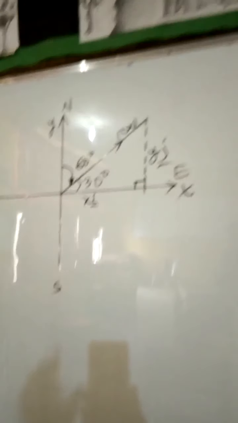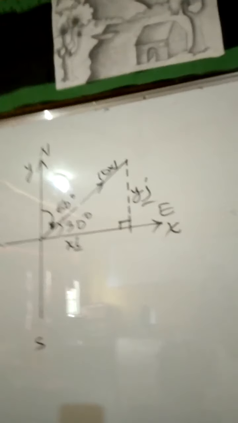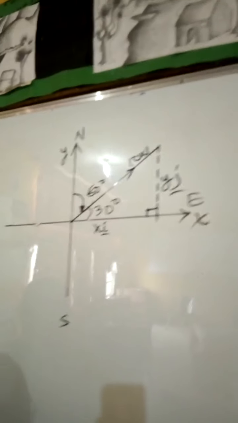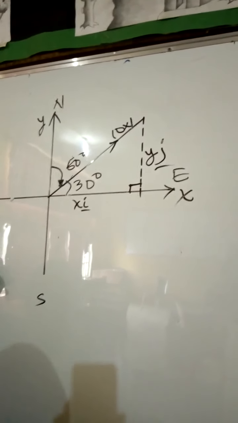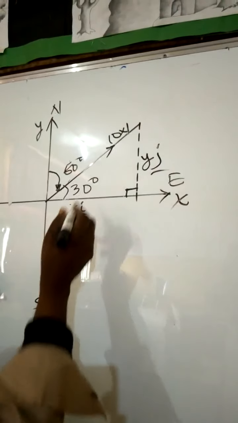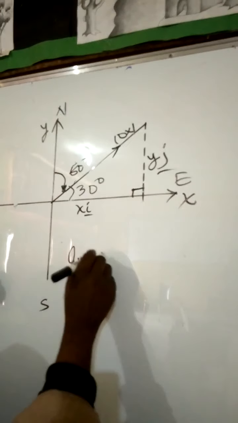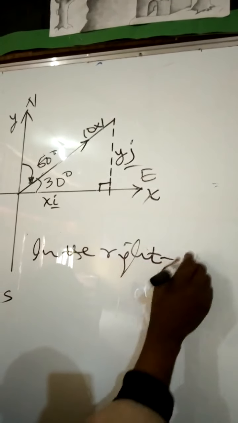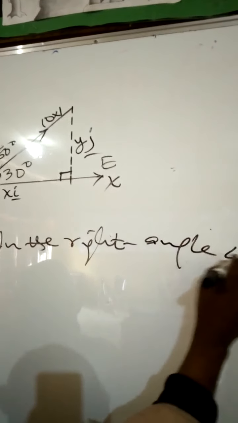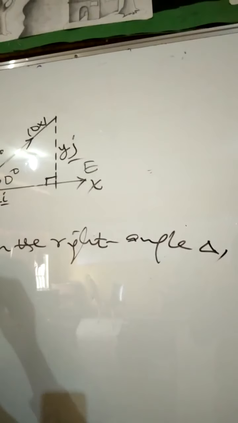So using the right angle triangle, I can use the trigonometrical ratio to find the value of this x in the right angled triangle.